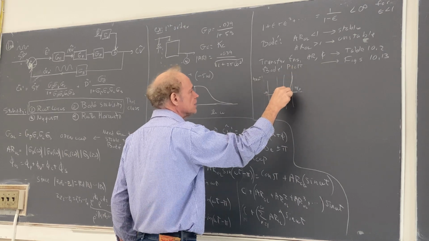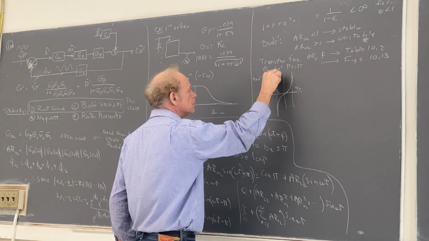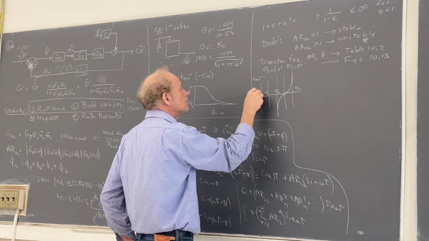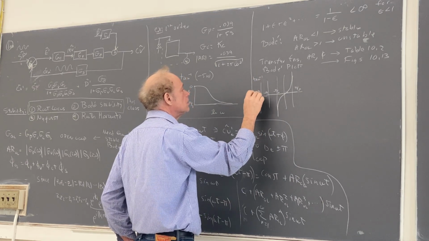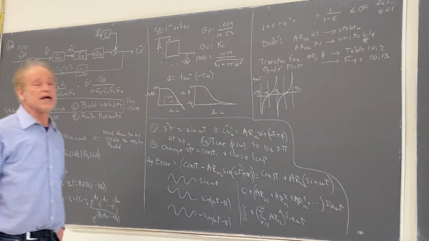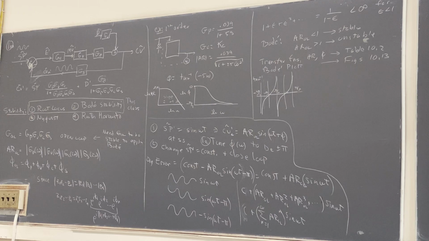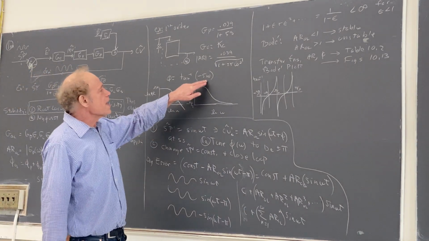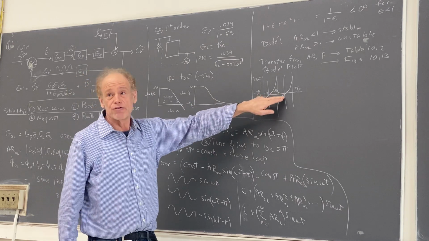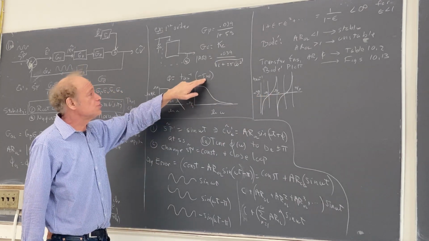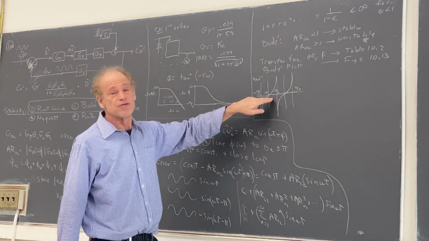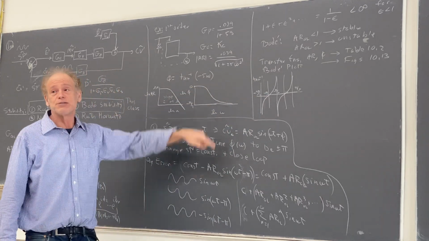But this looks like this. So that's what the arctangent looks like. And as you can see here, when omega is 0, this looks like the arctangent of 0, which is 0. And when omega goes to infinity, it looks like the arctangent of minus infinity. Well, that's just minus pi over 2. So it goes from 0 to minus pi over 2.